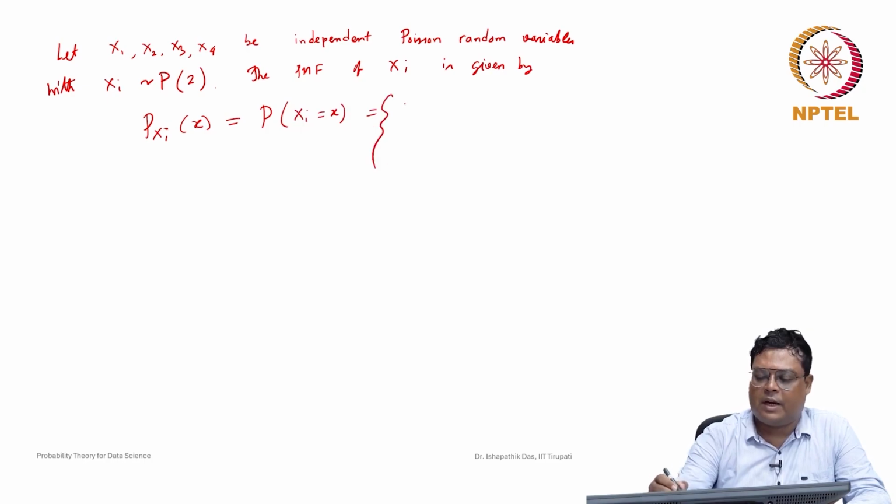It can be represented as e to the power of minus lambda, which is 2, times 2 to the power of x by x factorial, whenever x can be 0, 1 to anything, and 0 otherwise.